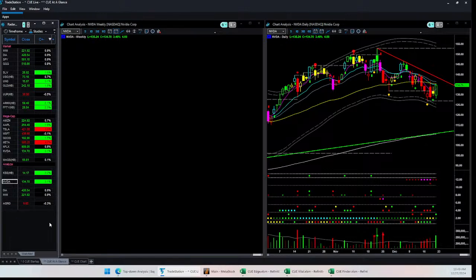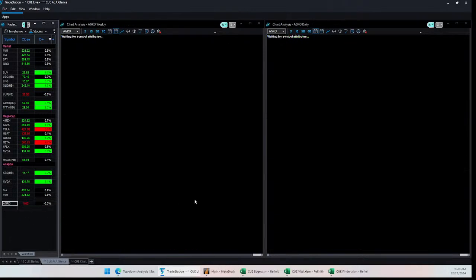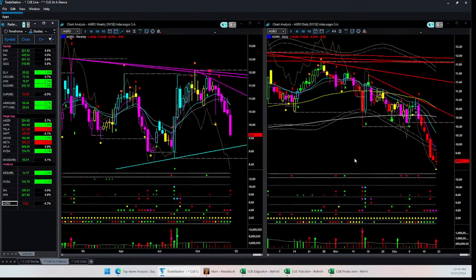Nvidia, I already went through it. I will not go through it again. DIA and IWM, I already went through them. And AGRO is a stock I shared 2 weeks earlier. That was a 360 degrees short setup. I shared it on Friday here. Last week it created a reversal candle in weekly. I noted that.